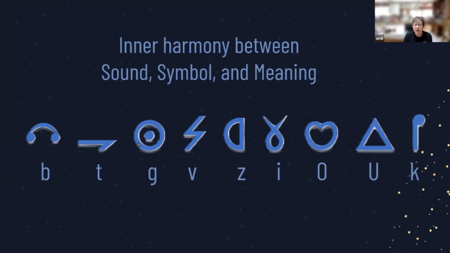The dot inside a circle, meaning inside, is pronounced g, a guttural. It's felt as if it's articulated very deep in the throat, inside, g. And the action symbol, the bolt of lightning, is pronounced v, a voiced fricative.